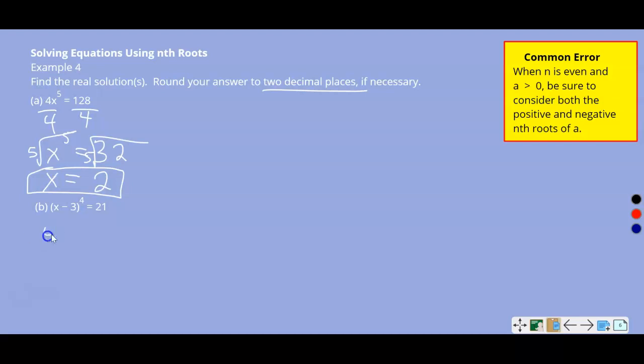So we're going to do the 4th root of x minus 3 to the 4th equals 21. Again, the 4th root and the 4th power cancel, so it leaves x minus 3. And we have to do the same thing to the other side. So we're going to do the 4th root of 21.